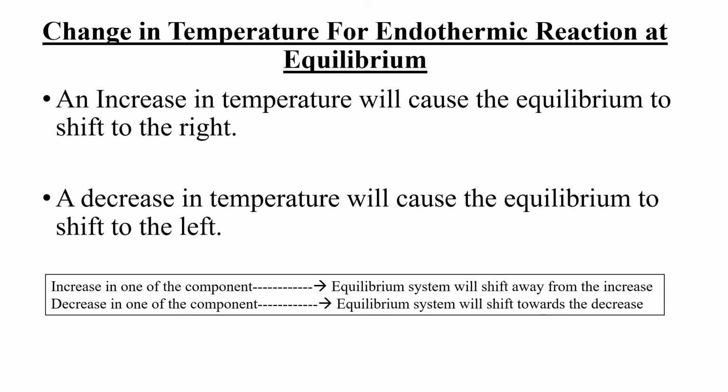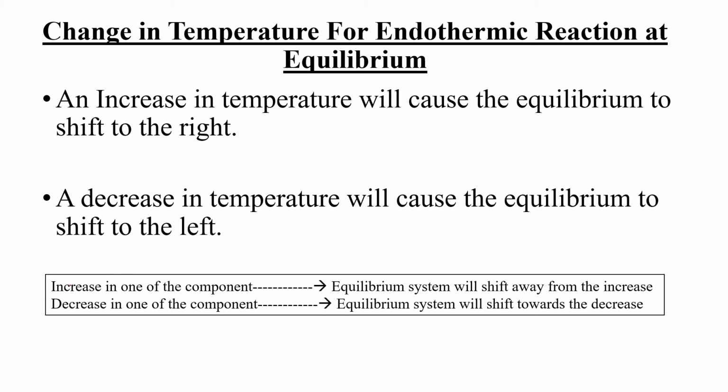Now let's see the effect of change in temperature for an endothermic reaction at equilibrium. An increase in temperature will cause the equilibrium to shift to the right, and a decrease in temperature will cause the equilibrium to shift to the left.